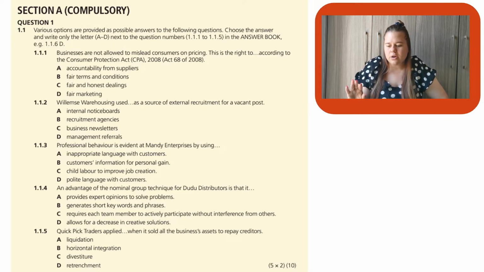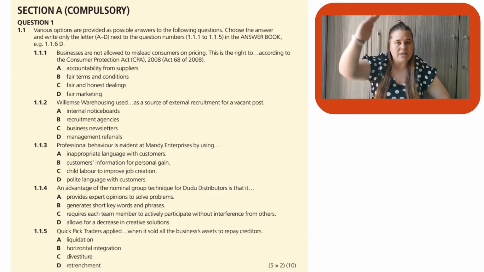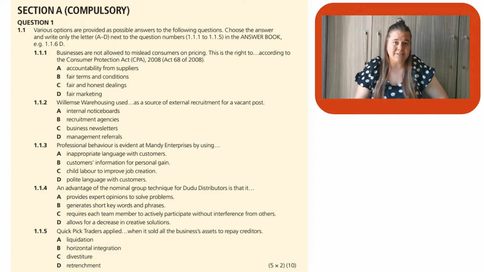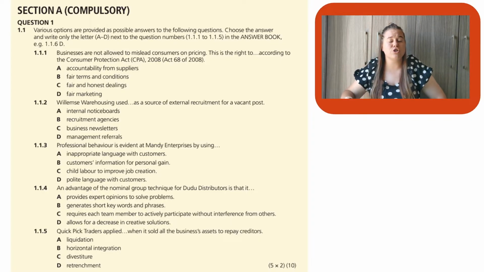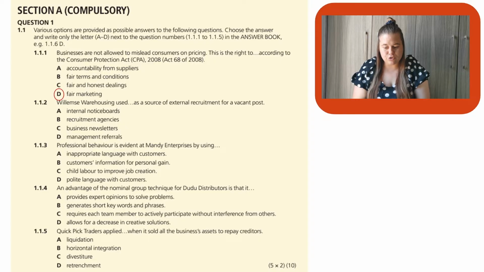So you'll read, businesses are not allowed to mislead consumers on pricing. This is a right to, and immediately you go to the answers, and you might be selecting incorrectly. So just make sure you're reading the question properly before you're answering. All right, so this is the right to fair marketing.